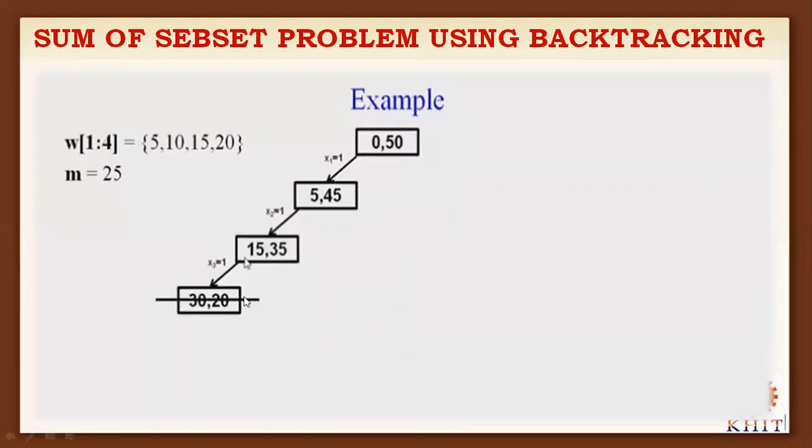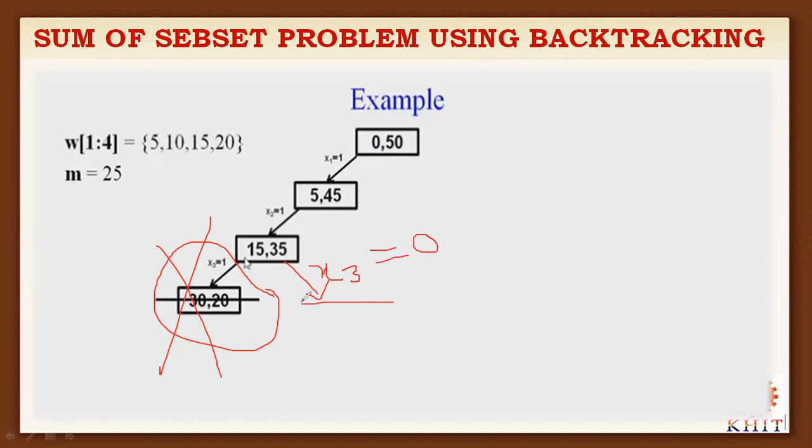When you apply backtracking, let us see: x3 equal to 1 means we are selecting the third item, and if we select x3 equal to 1, we are not getting the solution. So let me try x3 equal to 0. That means if I do not select the third item, what will happen?